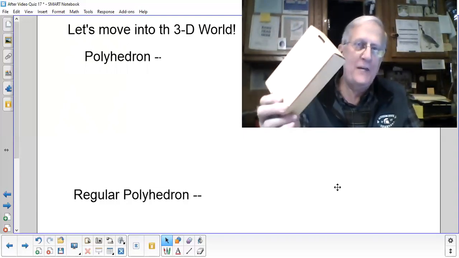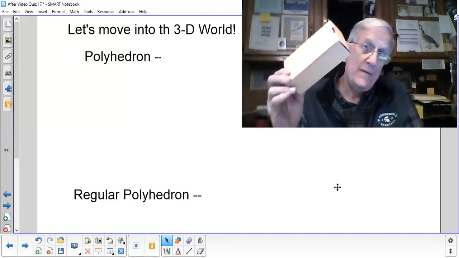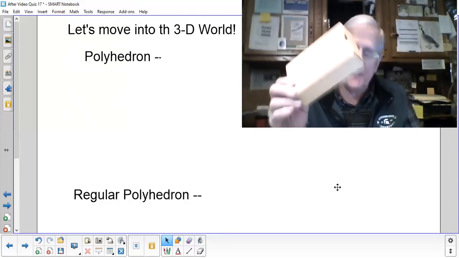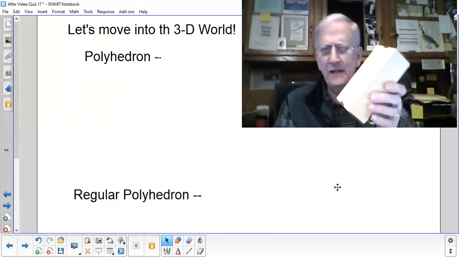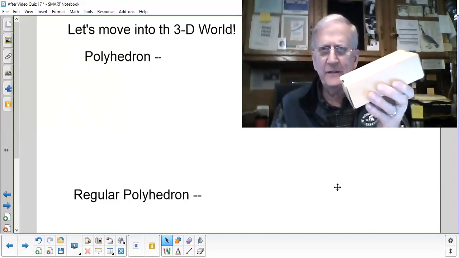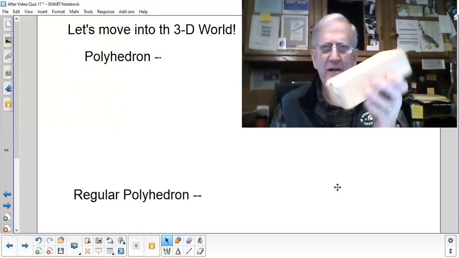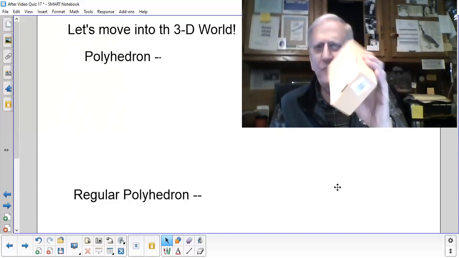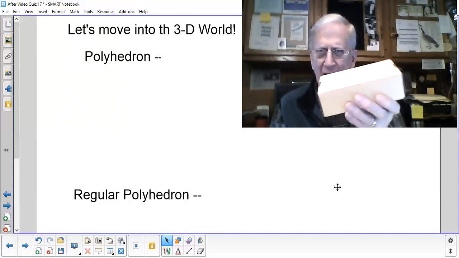But a polyhedron is basically a figure which exists in space, a 3D figure, but it doesn't have any curved faces. They're all flat faces, so they're all polygons, okay?